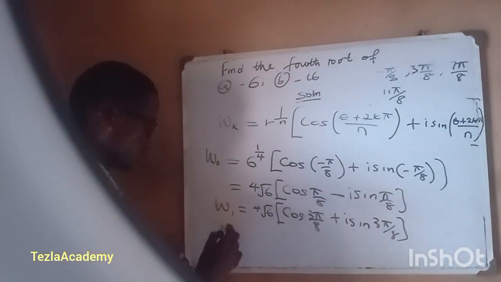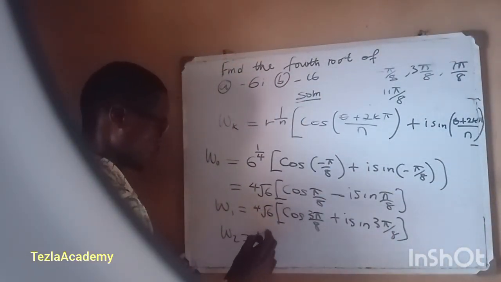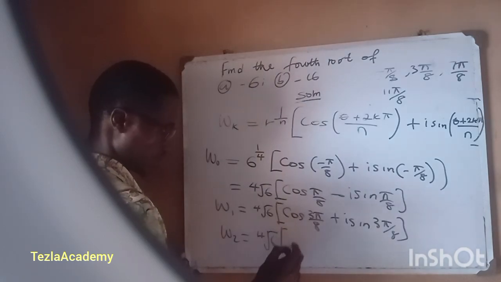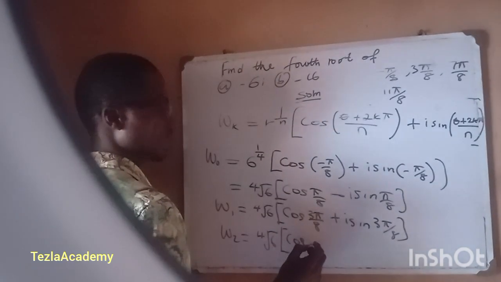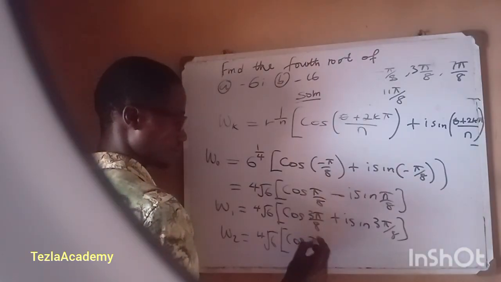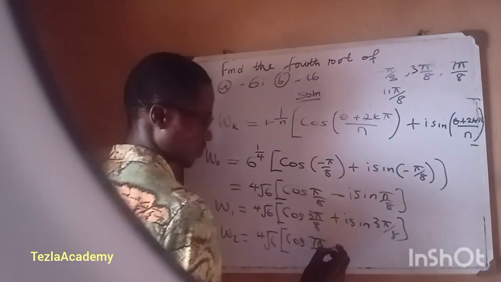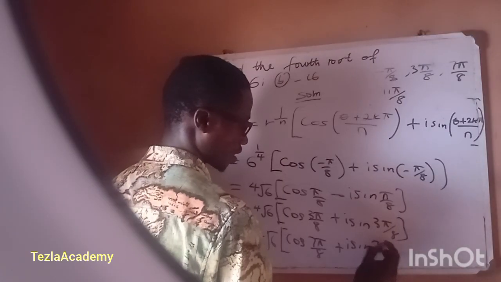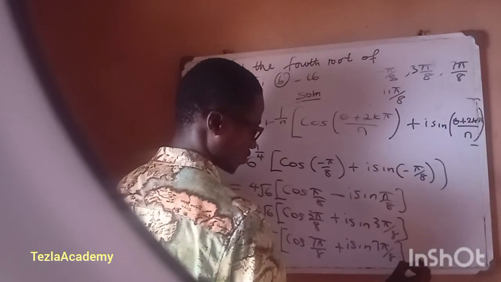Then W2 equals 4th root of 6, cos 7 pi over 8 plus I sine 7 pi over 8. So this is the one.